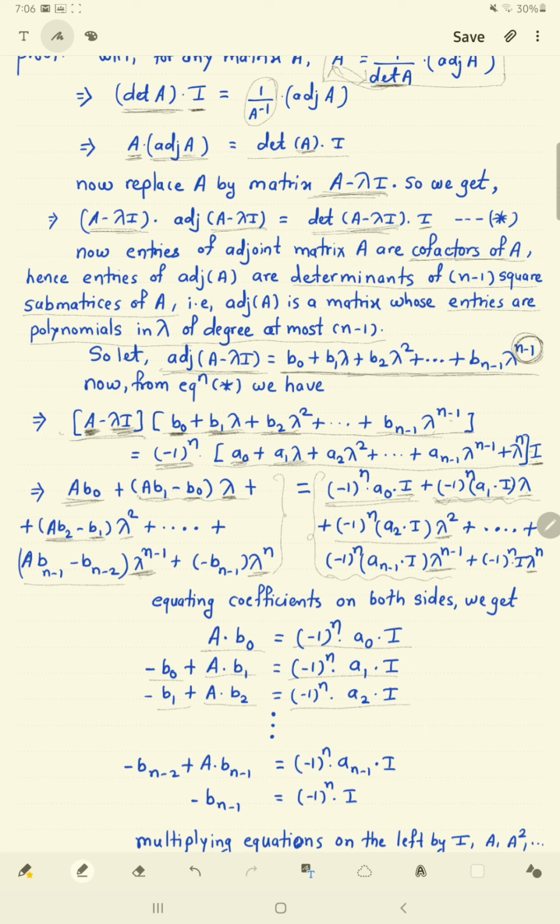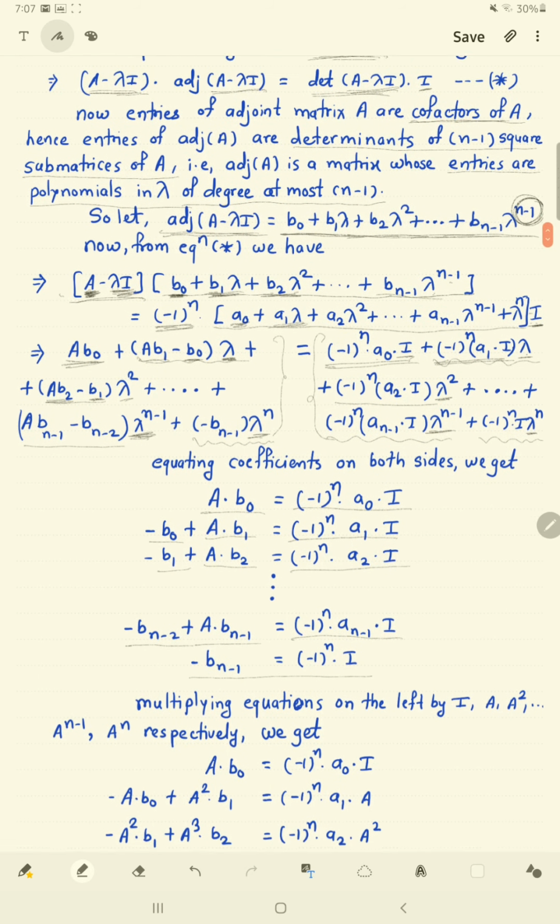Lambda raised to n minus 1 gets cancelled, and I will get A b n minus 1 minus b n minus 2 is equal to minus 1 raised to n a n minus 1 into I. For the last term, minus b n minus 1 into lambda raised to n is minus 1 raised to n I into lambda raised to n. Lambda raised to n gets cancelled. So I will get minus b n minus 1 is equal to minus 1 raised to n I.